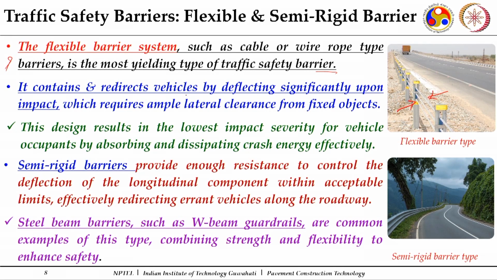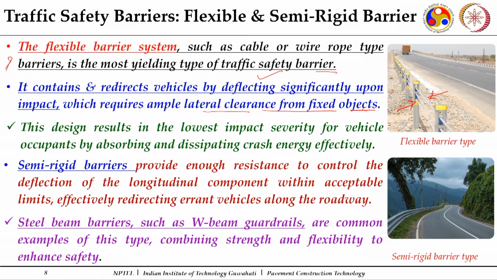It contains and redirects vehicles while deflecting significantly. For this deflection, there should be clear space available on the side of these flexible barriers, which requires ample lateral clearance from fixed objects.